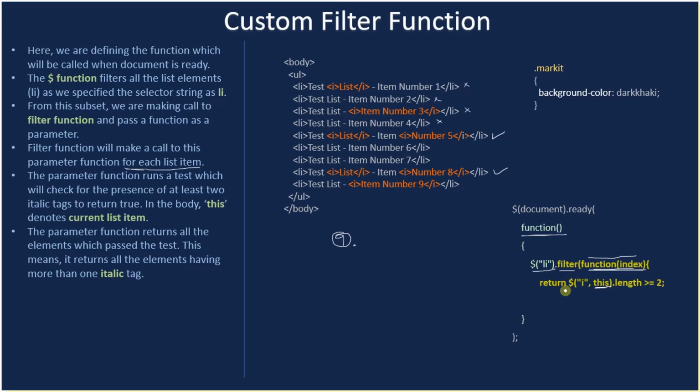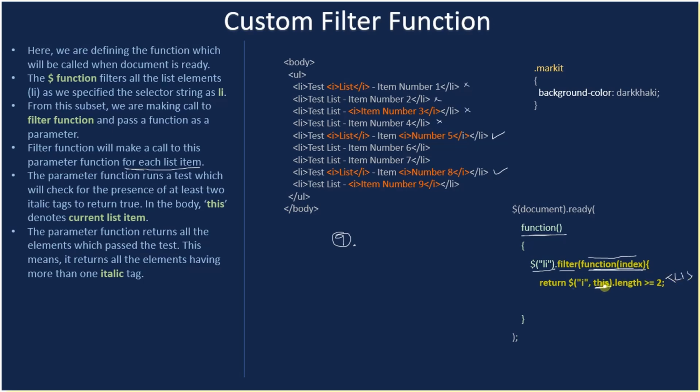And if you see, in our custom filter function we are using the dollar function again, and what we are searching for is the italic tag on this, which means in the current item. The current item passed here is the list item that got filtered by $('li'). So inside the body we are stating: search for the i tag inside this li.